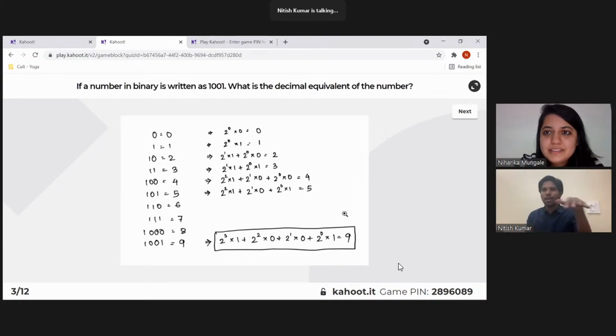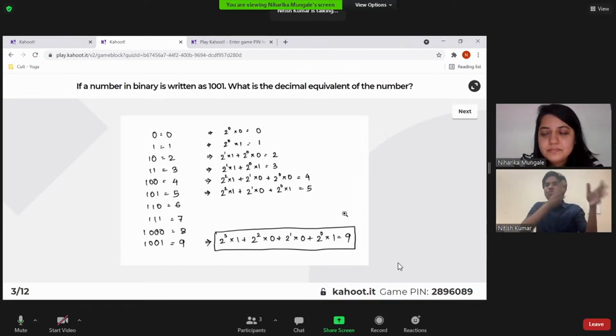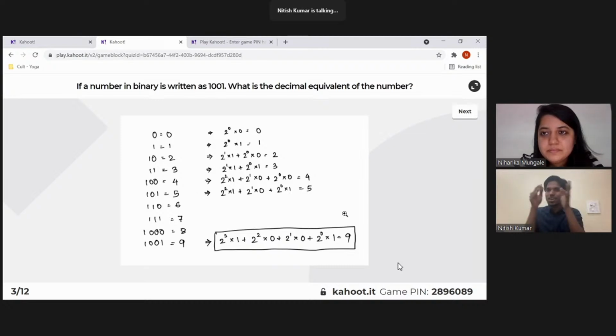Similarly, how is the value of the number 583 calculated? It's 5 hundreds, 8 tens, and 3 ones, so that's 5 times 100, 8 times 10, and 3 times 1. You sum all of those and you get the value of the number 583.